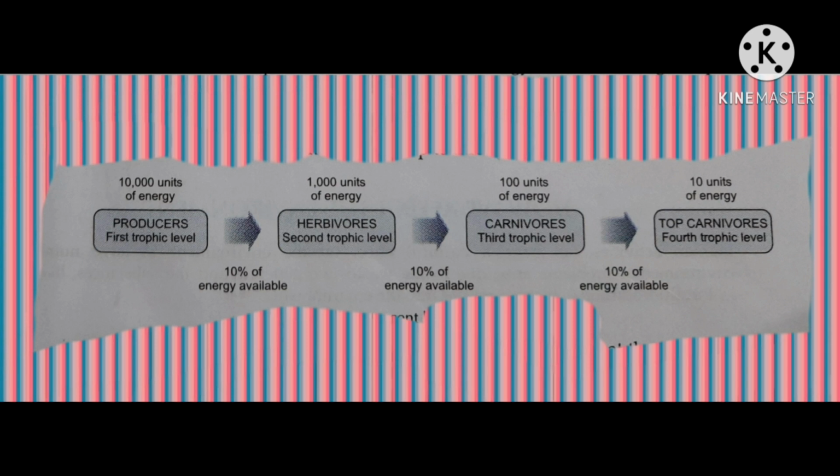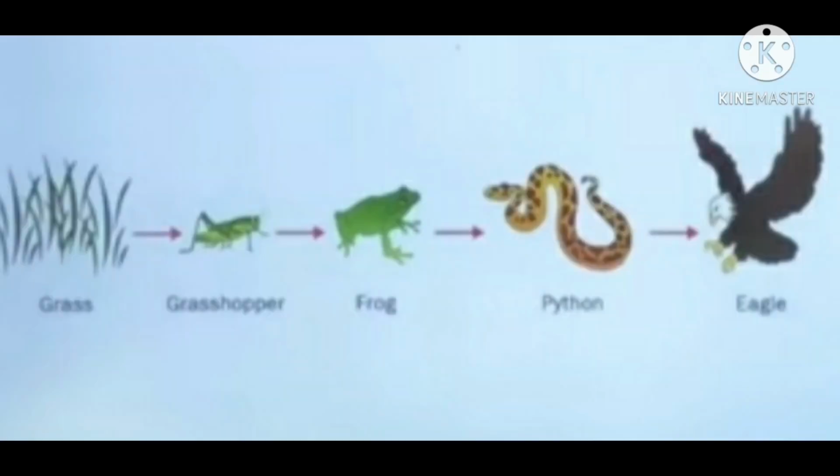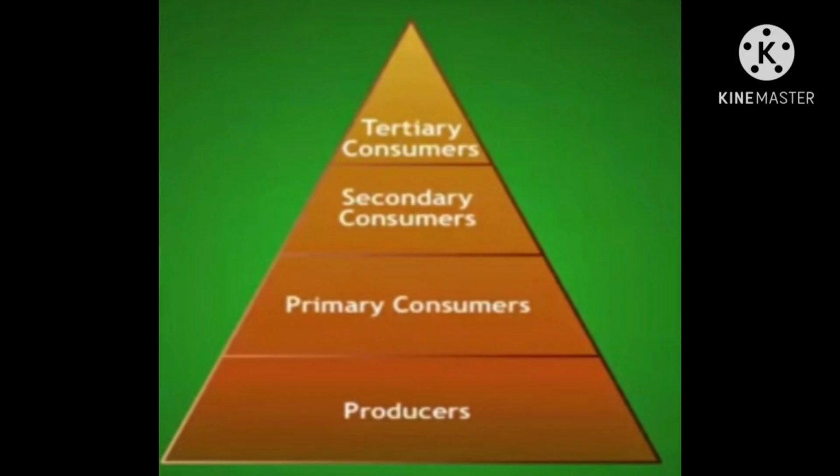So, the number of organisms at a lower trophic level is usually more than that at the next higher trophic level. If the numbers of organisms at different trophic levels are represented graphically, a pyramid is formed, which is called the pyramid of numbers.